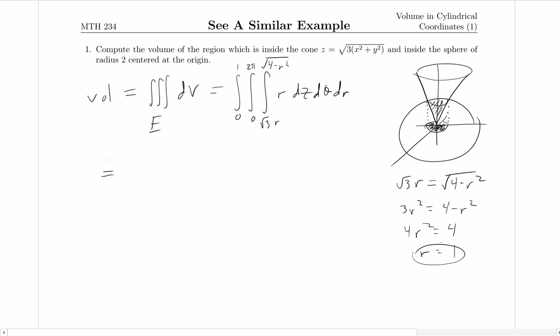So there's no z in the integrand function. So for the first integral, we simply get the top minus the bottom. So we get r times the top minus the bottom.